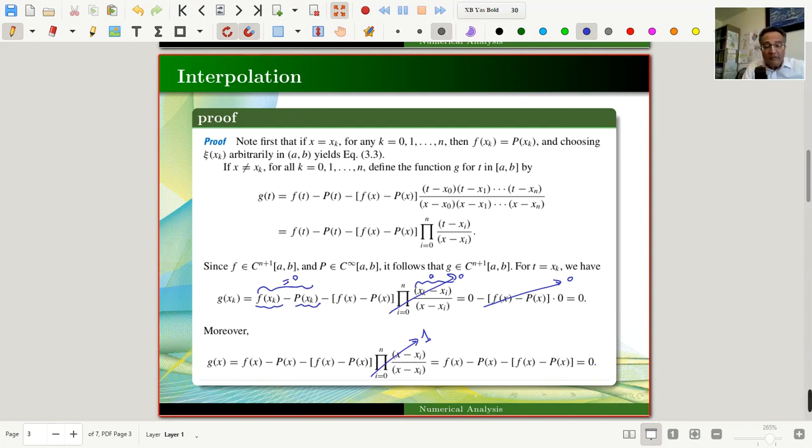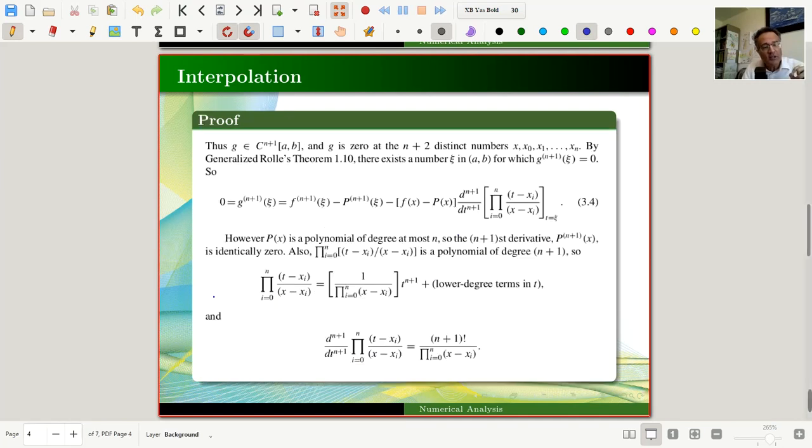So g has n+1 zeros from these points, and another one when we choose t equal to x. So totally g has n+2 distinct zeros.